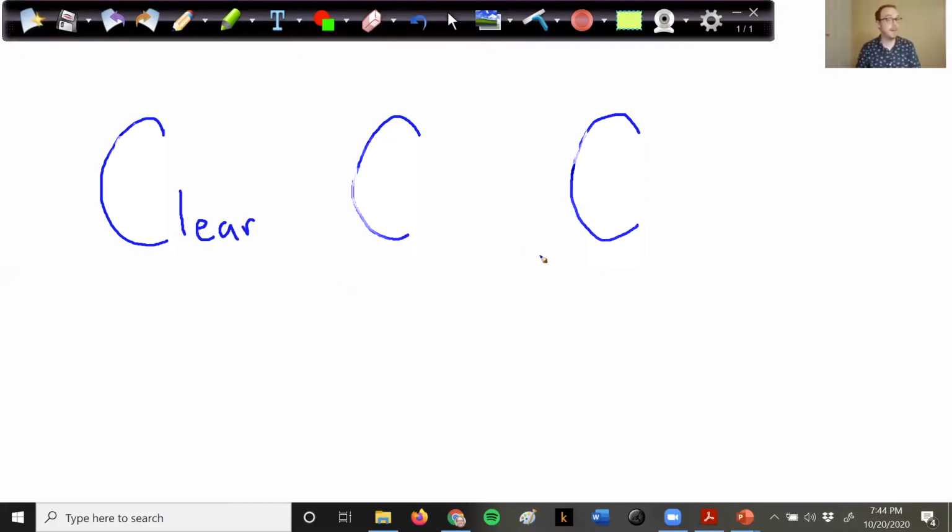That means, does it make sense based on what I know of grammar and just how language works? Is it consistent? That means, does the tone, does how this passage feel match the rest of what I'm seeing with the passage? Or does that feel like it came out of nowhere? Clear, consistent, and concise. So those are the 3 C's we're being tested on.